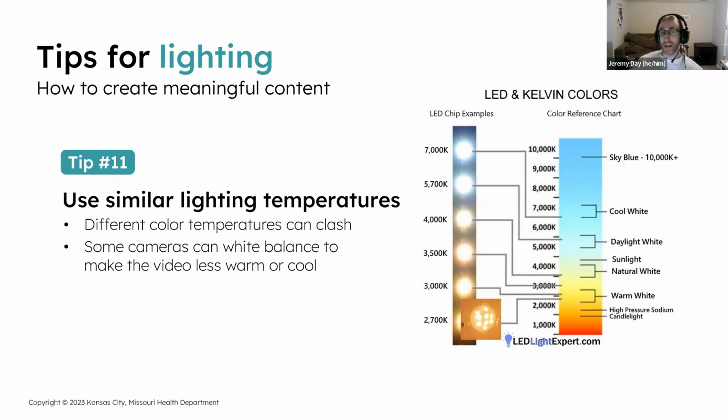They can really range from really low, which is warm and can even be into red, to really high temperatures, which are going to be in blue. And if you mix those lights, it can become very noticeable.